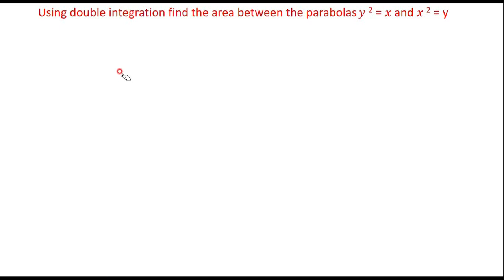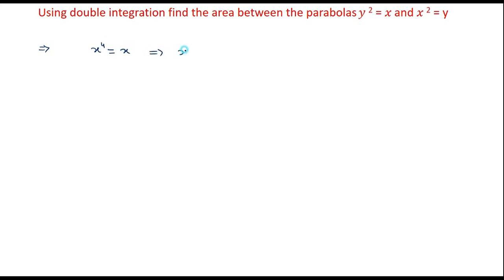They can also give it like: find the area between the parabolas y square is equal to x and x square is equal to y. It is the same problem. In this case, 4a is equal to 1. So for the point of intersection, when you substitute the second equation in the first, it will be x raised to 4 is equal to x.